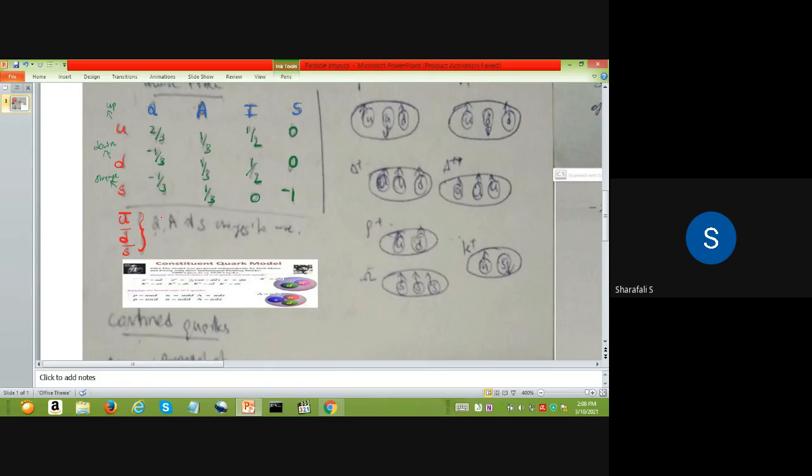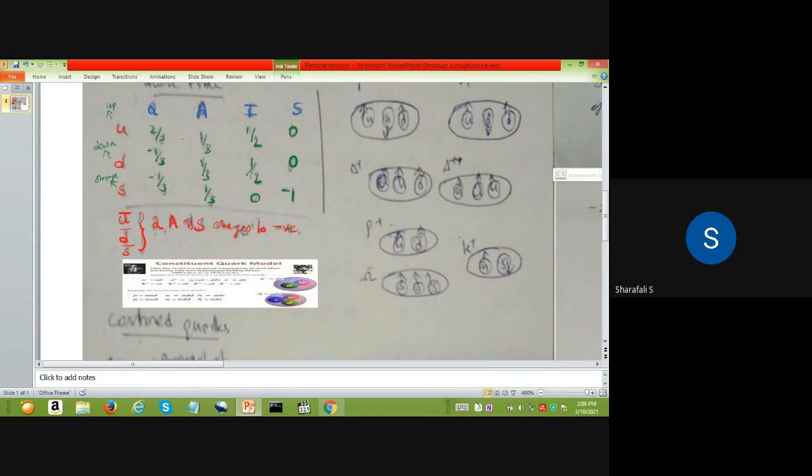So here we have Q, A, and S strangeness, which will change to their negative values. That is the only difference associated with these antiquarks, U bar, D bar, and S bar. For Q, A, and S, all these values which we just listed will just change their polarity.